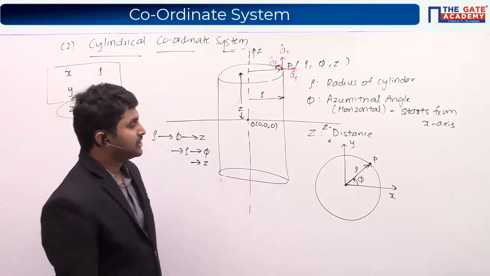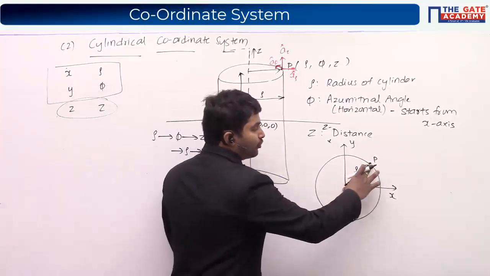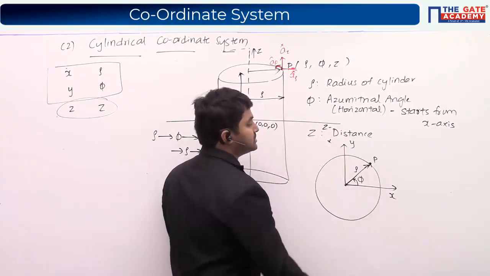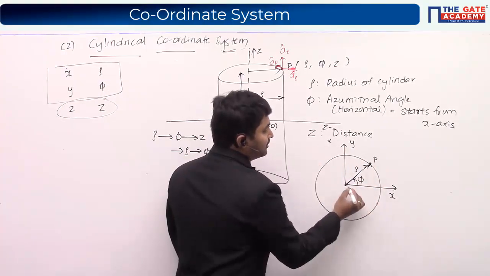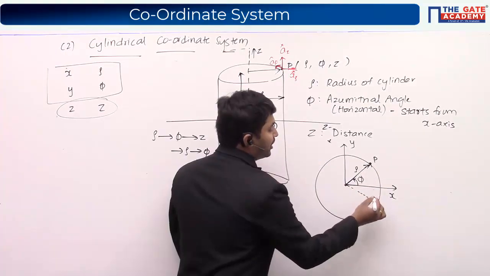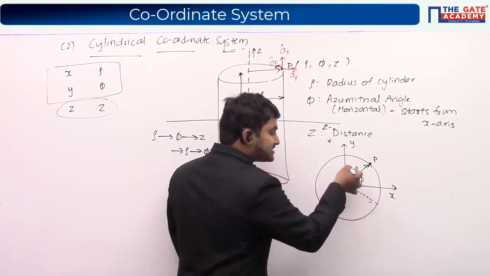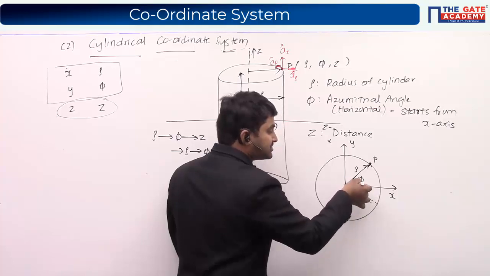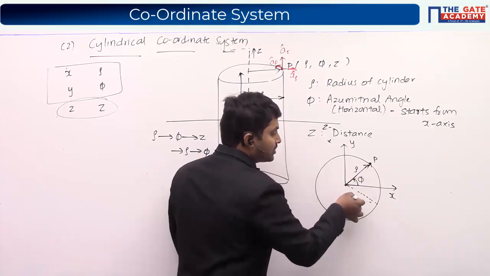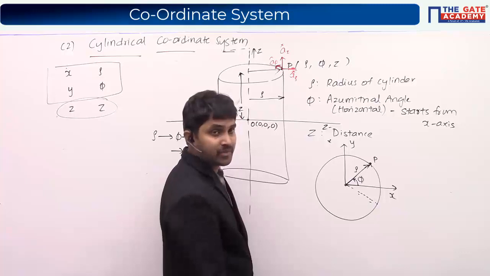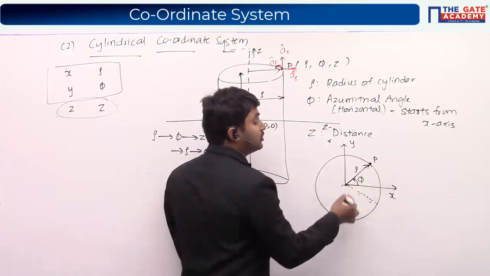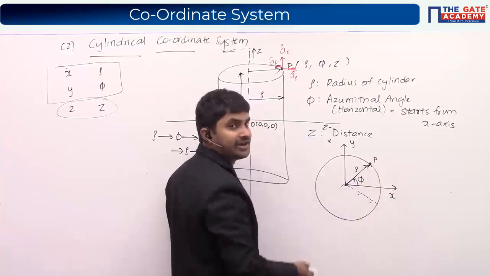The direction of rho depends upon the point you consider. If I consider a point here, then this is my rho, and this angle, starting from here to here, is my phi. So the rho direction depends upon where my point is.